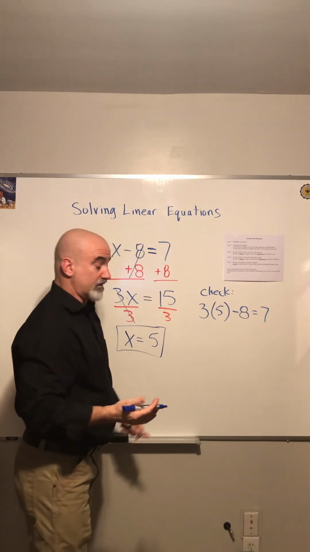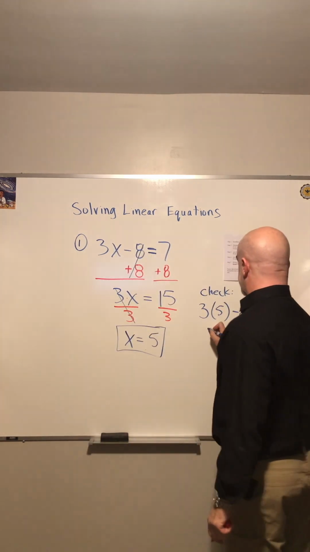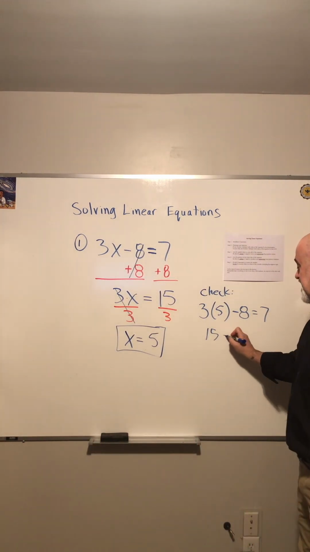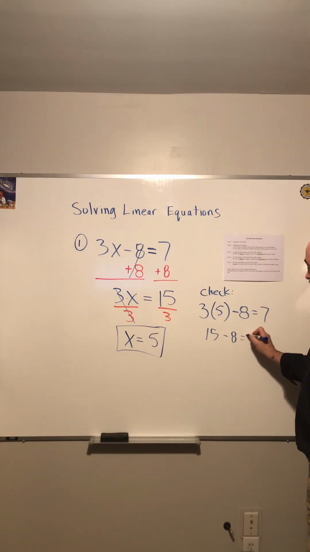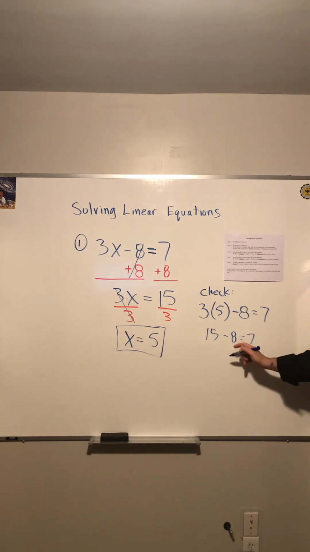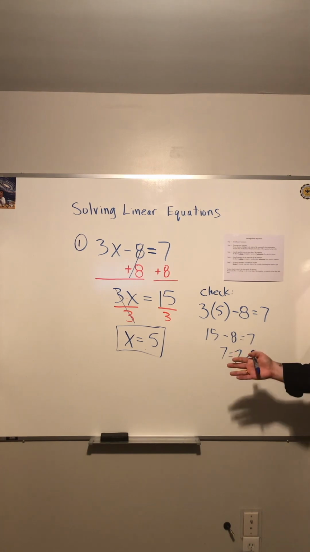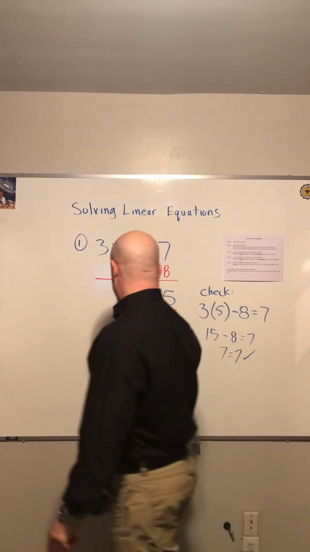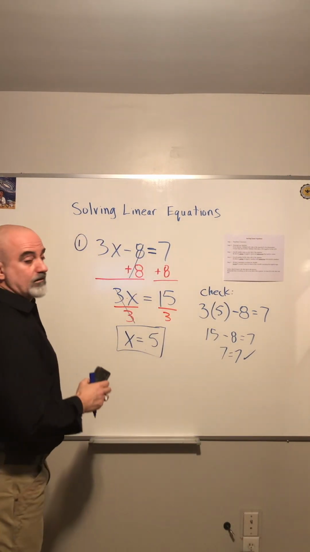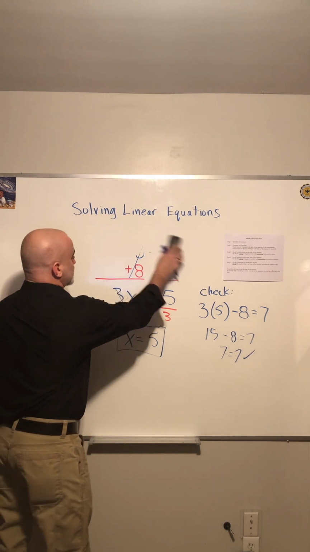Let's see if it works. So 3 times 5 is 15 minus 8 equals 7. 15 minus 8 is 7 equals 7. So it works. So we know that our answer is correct. All right, so there's our first problem.